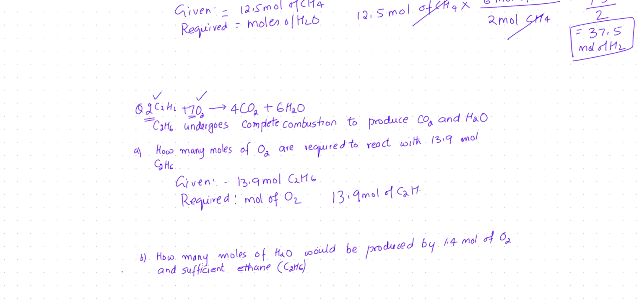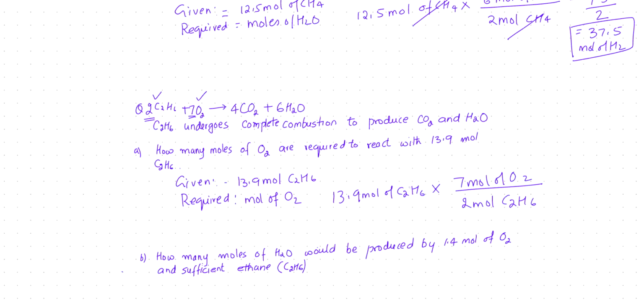Here ethane is at the top, so we write ethane first: 2 moles of ethane requires 7 moles of oxygen. If they are asking how many moles of oxygen, whatever is asked should be at the top. So we have to find moles of oxygen. I write moles of oxygen at the numerator, and in the denominator we write moles of ethane. So moles of ethane cancel.